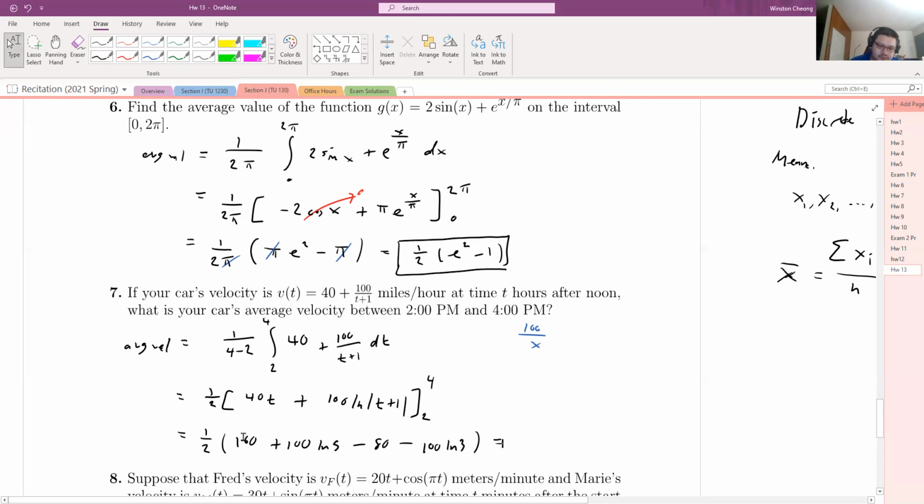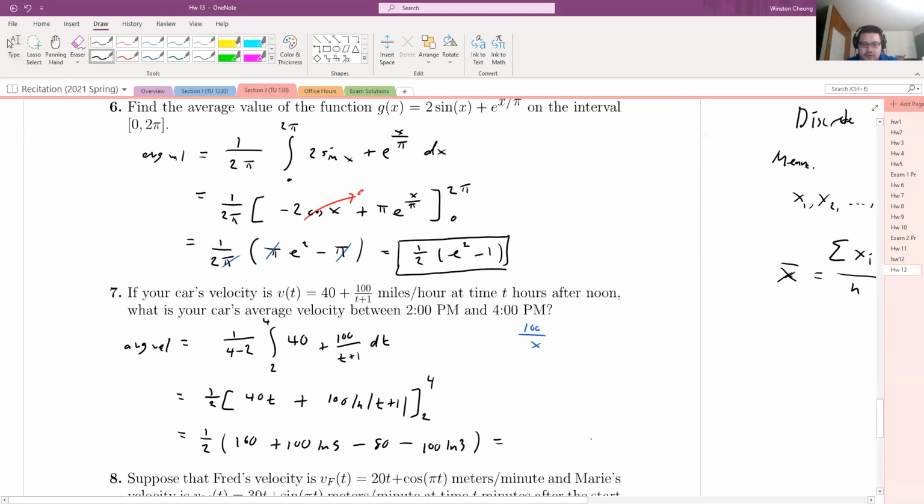So 160 minus 80 is easy, but this ln of 5 minus ln of 3, I suspect some people will forget that there is the log property that the difference of two logs is going to be related to a quotient, right? Quotient inside of the log.